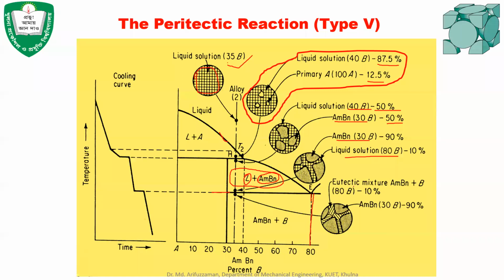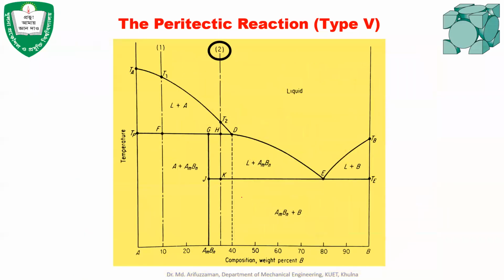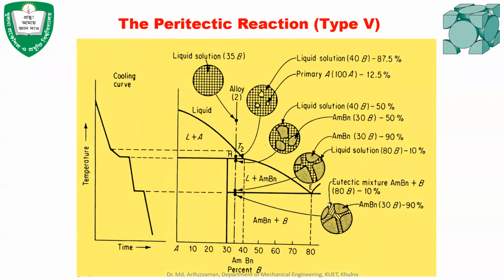And this eutectic mixture will consist of AMBN and B. Because if you look at the previous slide, after the eutectic reaction, if we draw a tie line, it consists of pure metal B and AMBN. So the eutectic mixture will consist of AMBN and B.